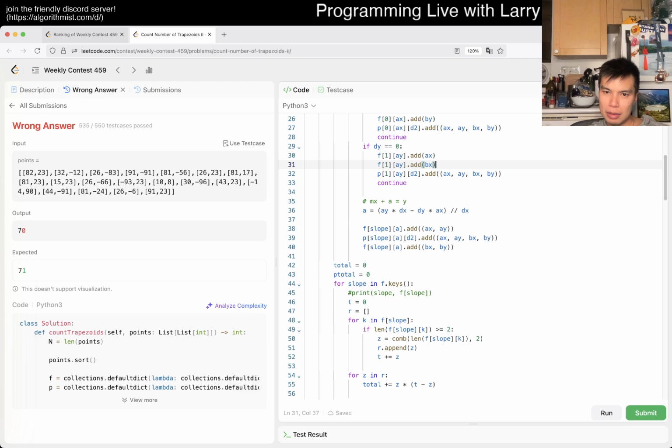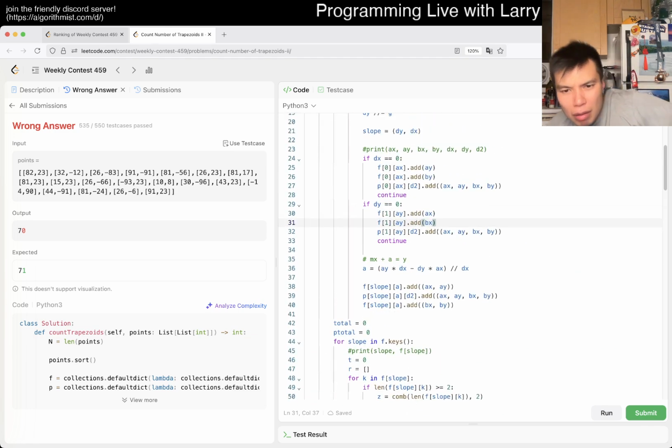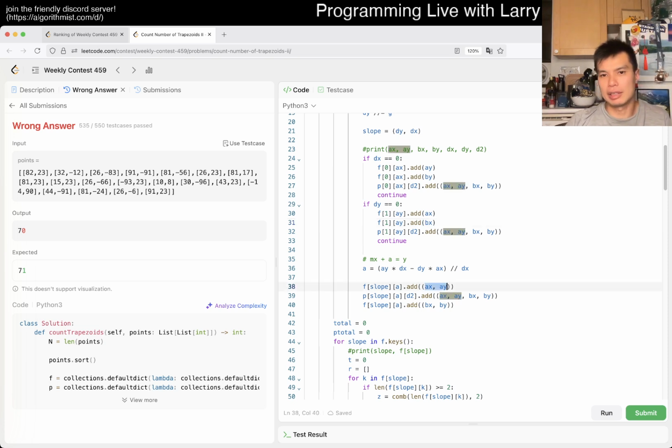For a given slope, I do ax, ay, but it's just d2, right? And ay is the same, so by definition there's no other. And in theory, we can even just reduce this by ax or something, because the slope uniquely defines it. I think that's true, actually.